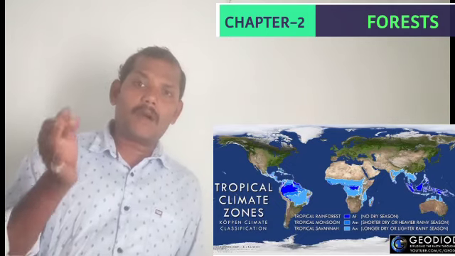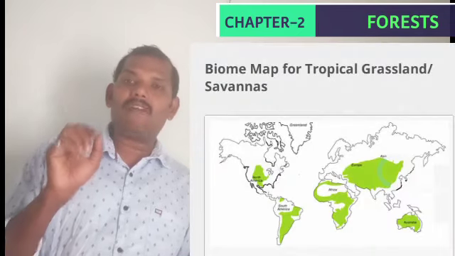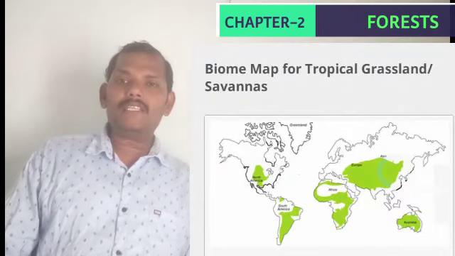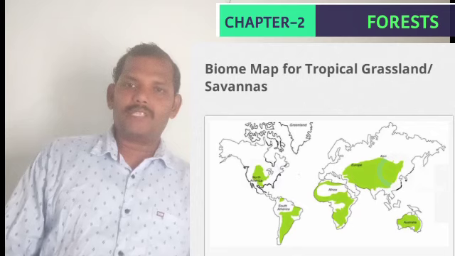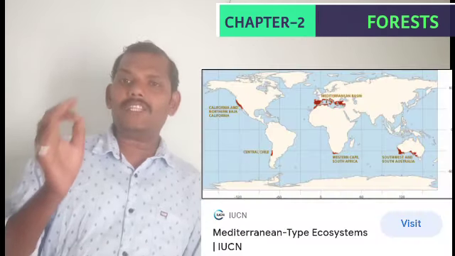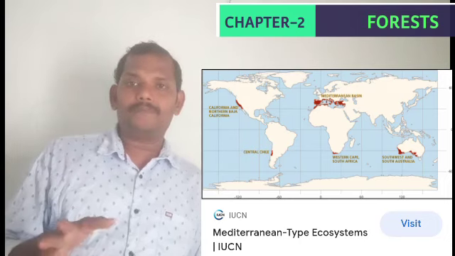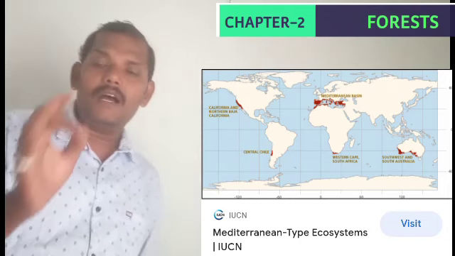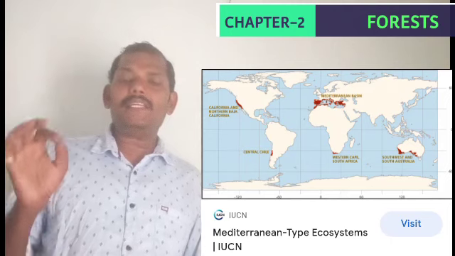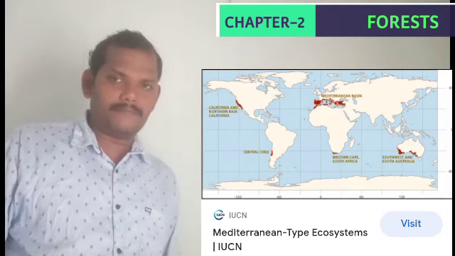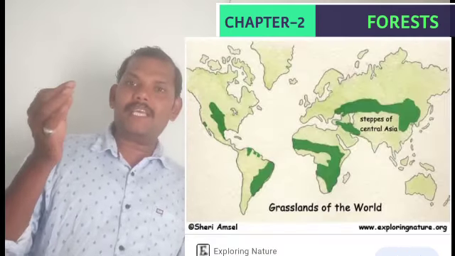Second one is the savanna region. Third one is the Mediterranean zone or Mediterranean climatic region. Fourth one is the Steppes climatic region.